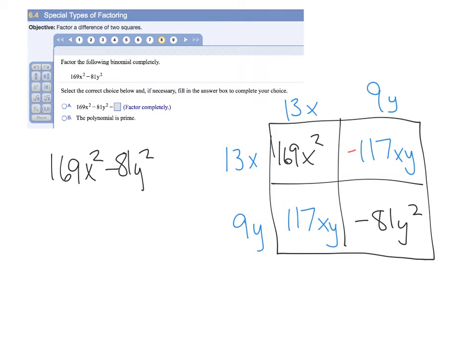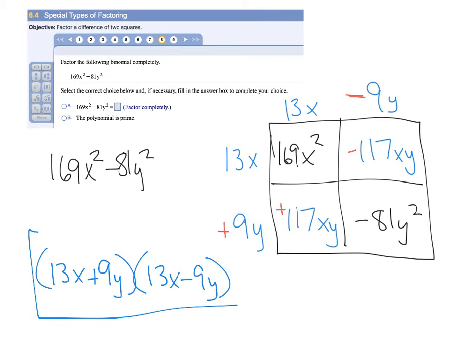So that's got to be a negative, that's got to be a positive, making this a negative 9y, making this a positive 9y. So our factors are 13x plus 9y times 13x minus 9y. And there are your factors.